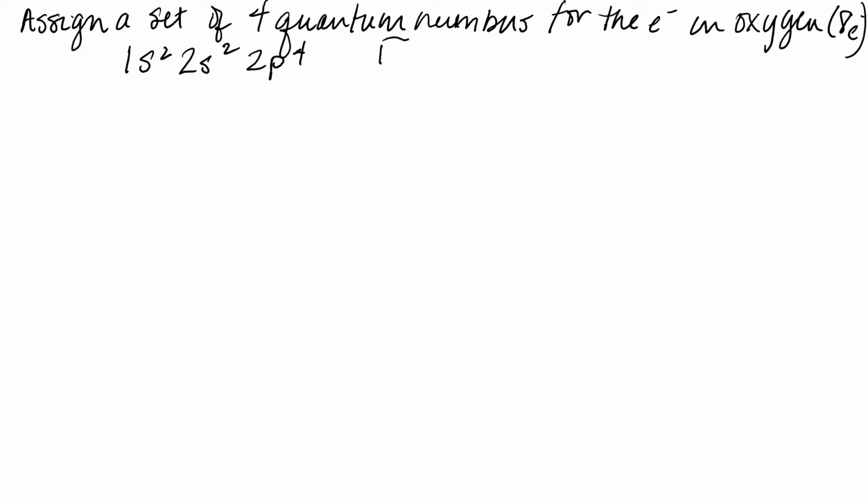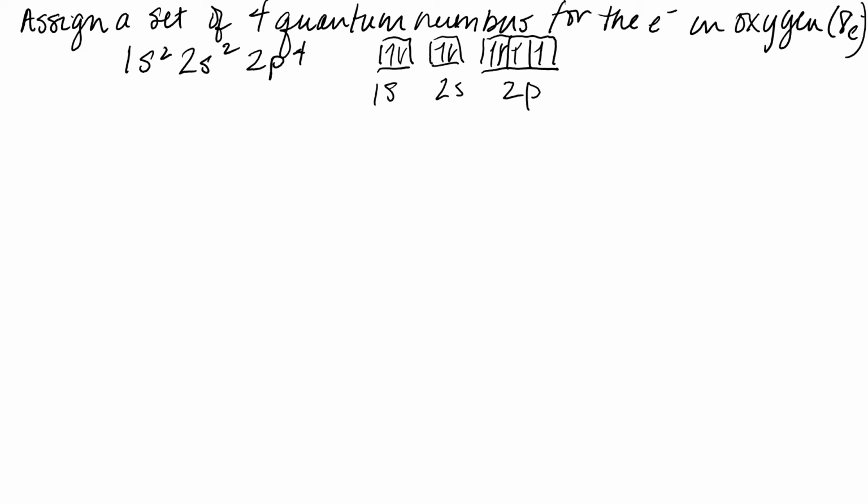And I'm also going to draw the orbital diagram for oxygen. So this is the 1s, this is the 2s, and this is the 2p. There are 2 electrons in each of the s orbitals, and we have 1, 2, 3, 4 in the p. And we'll discuss how these are filled when we review orbital diagrams.